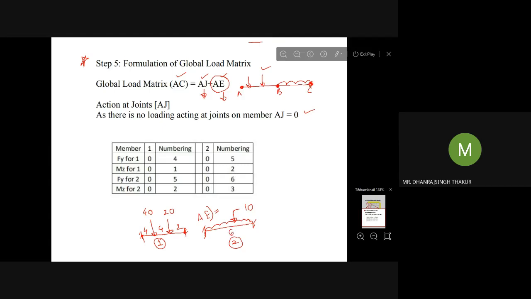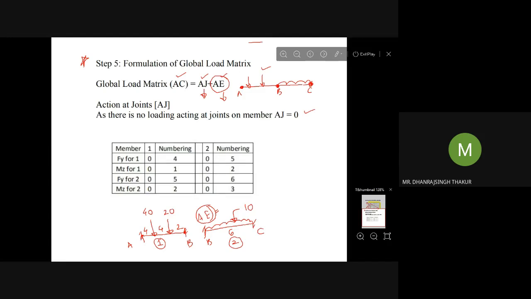Okay, so now to assemble the A matrix, this member loading you have to convert into joint load. Joint load means at node A and at node B, you have to find out the fixed end moment and the support reaction values. Okay, so the fixed end moment due to the given loading and the support reaction.